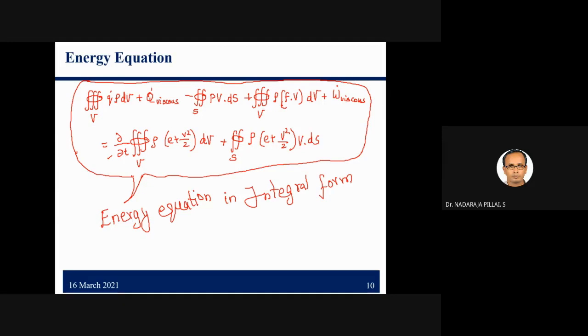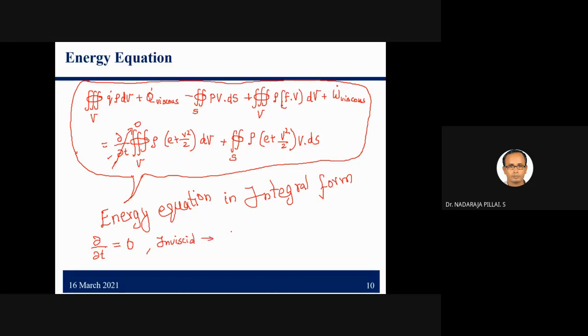If we want to reduce this equation, for example, if we want to consider the flow is steady, then the dou by dou t component becomes zero, right? And say the flow is inviscid.